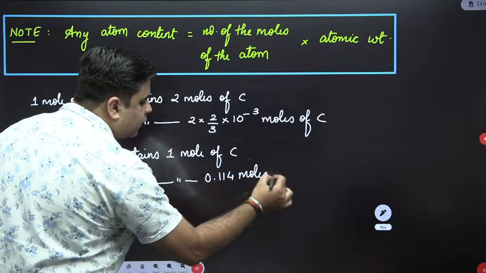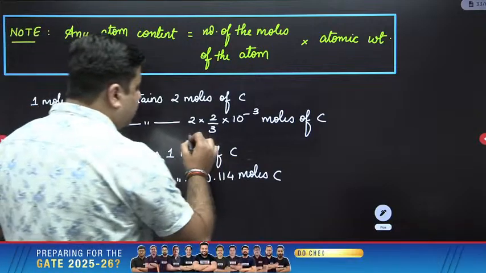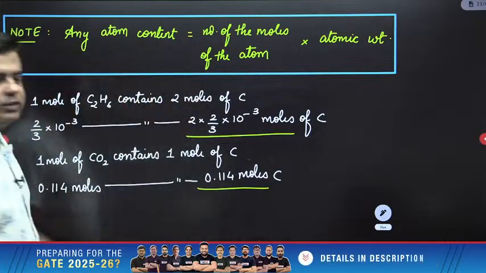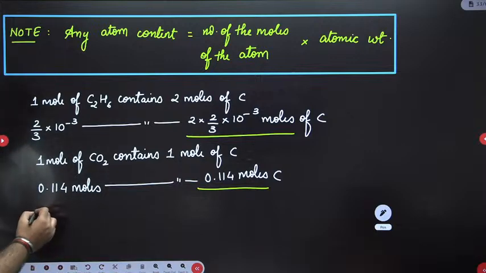So just count the total number of moles of carbon. You have one set of moles of carbon here and one set of moles of carbon here. Just add both of them to calculate the total number of moles of carbon.